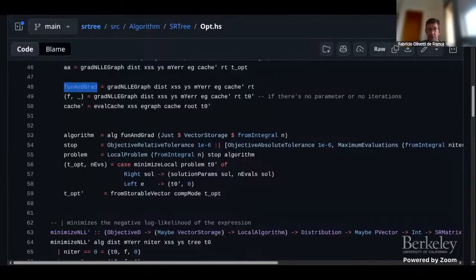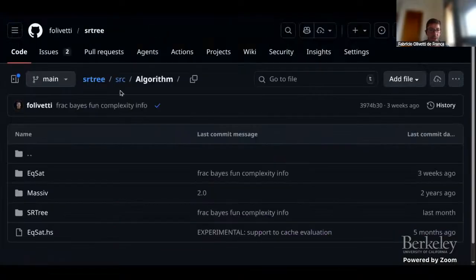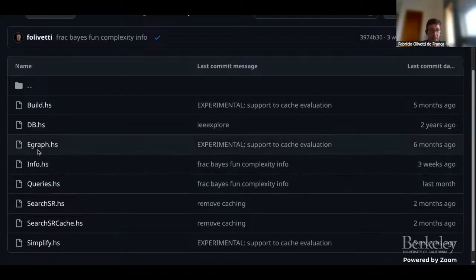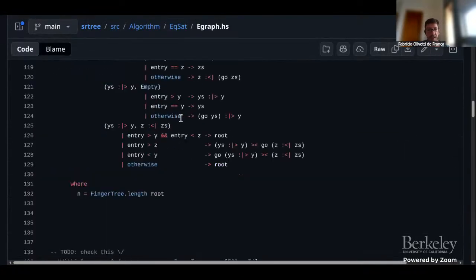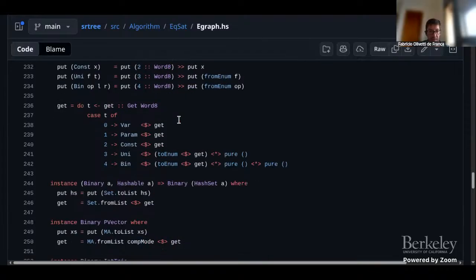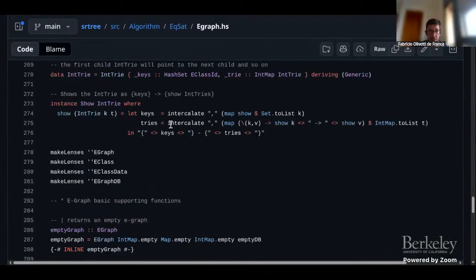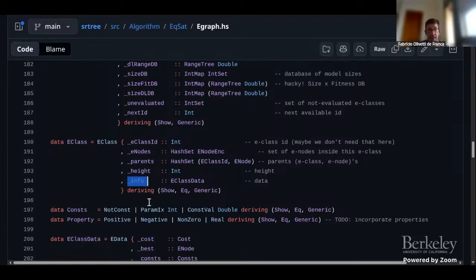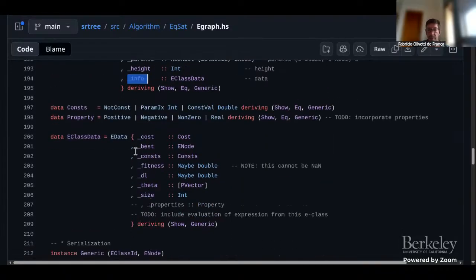And about your second question, let me show you here. So this is the eGraph data structure. Each class has this info field assigned, and the info field has the parameters.